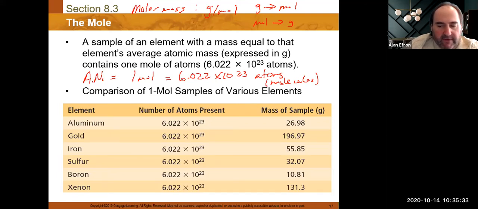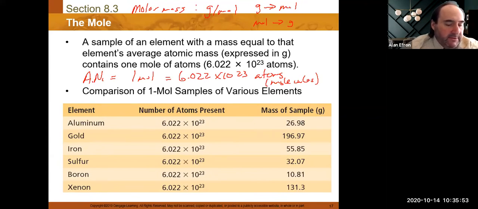And really, you could think of Avogadro's number again as a conversion factor. It's the conversion factor that allows you to go from moles to atoms, or moles to molecules, and vice versa backwards. So molecules to moles, or atoms to moles.